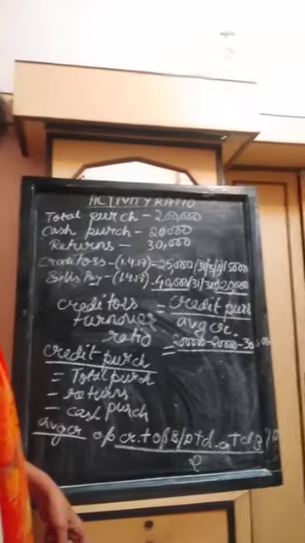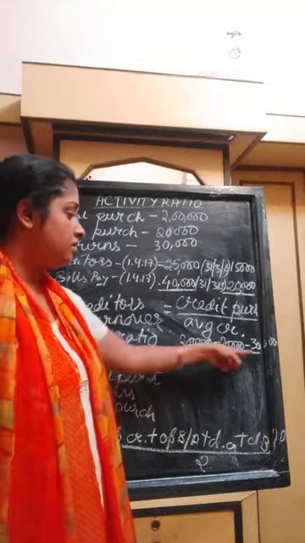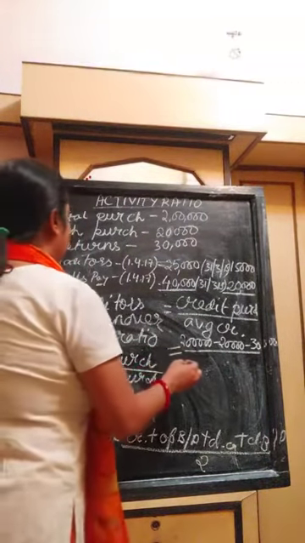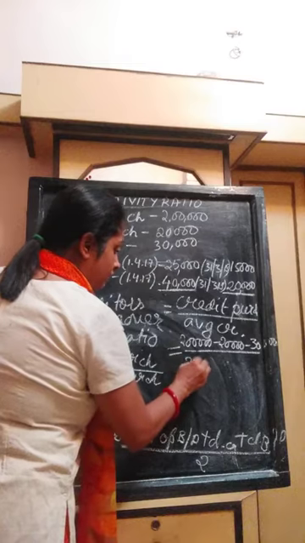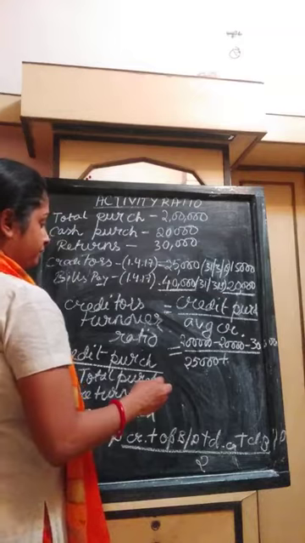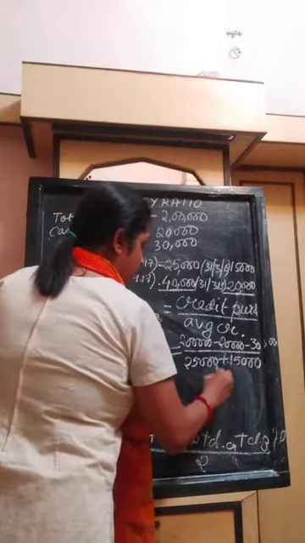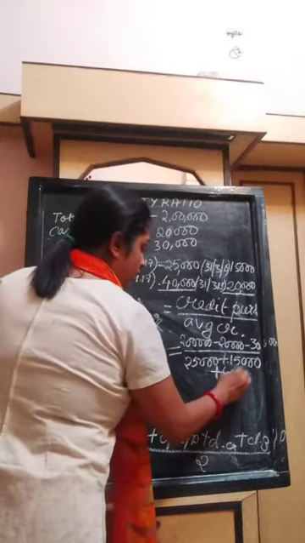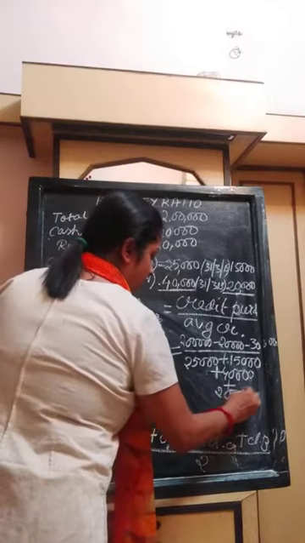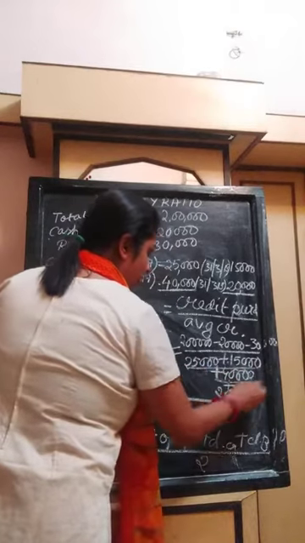As you can see, 2 lakh minus 20,000 minus 30,000, divided by opening creditors, that is 25,000, plus 15,000, plus 40,000, plus 20,000, all these divided by 2, all the 4 divided by 2.